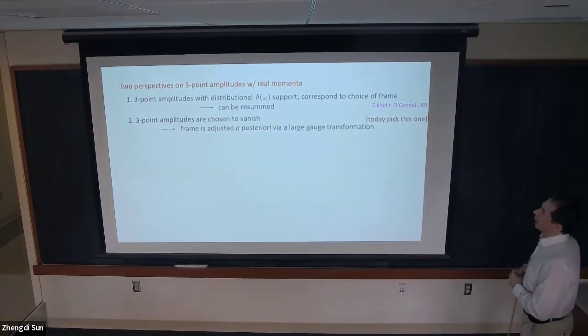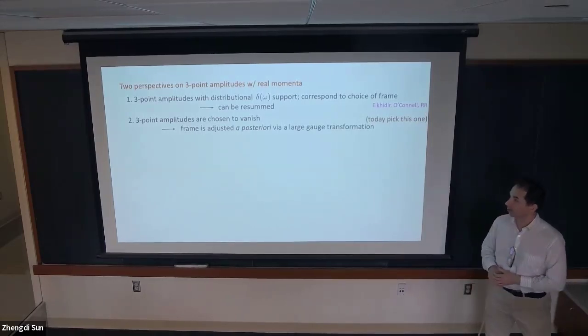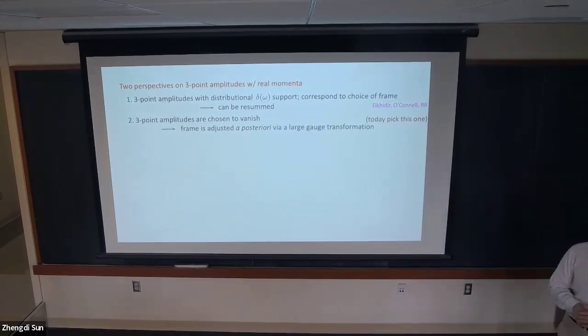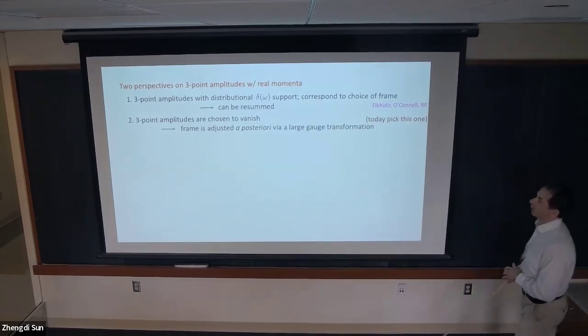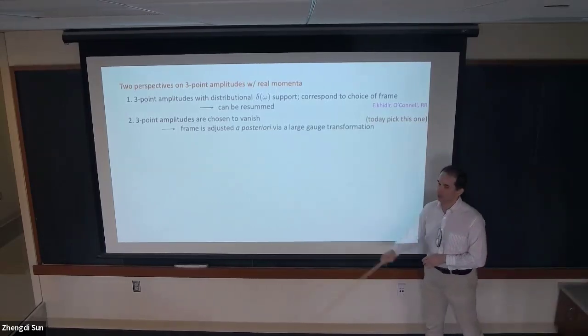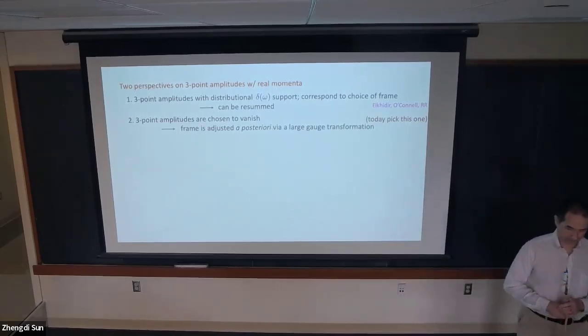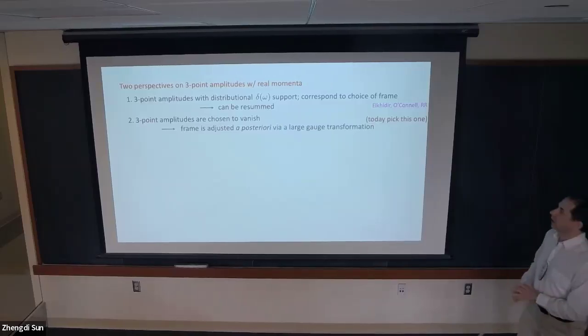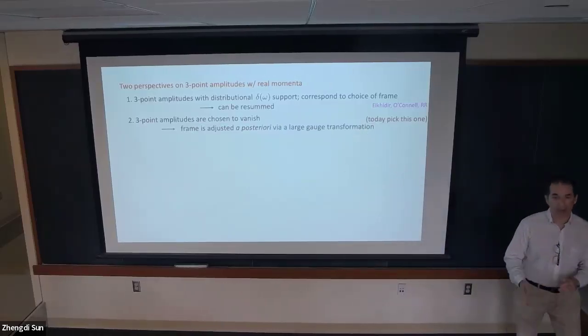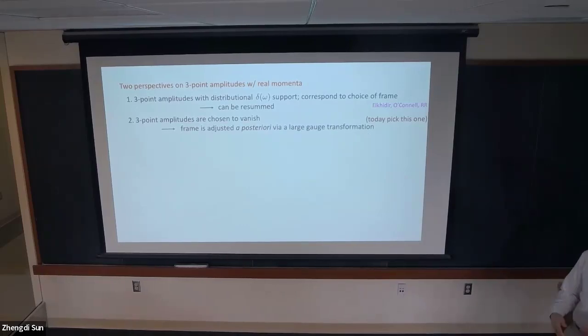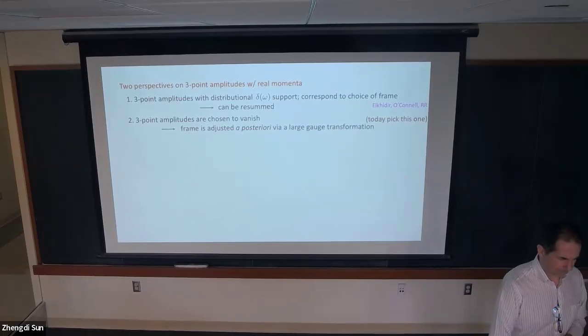Another perspective is that we can always choose the 3-point amplitude with real momenta to vanish, and then we can add them back a posteriori by a gauge transformation. To actually carry out this last step, we need to figure out exactly how those gauge transformations act on pretty much everything else.